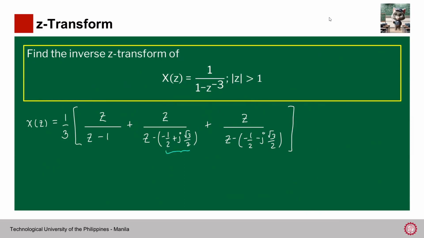Kung nare-recall nyo sa advanced math, you can represent this in exponential form. The exponential form of this is e raised to j 2 pi over 3. And this one, ang lalabas naman dito ay e raised to negative j 2 pi over 3.